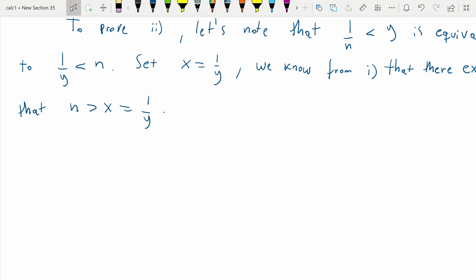So we'll see in the next video. The point here is that we can find an n such that 1 over n is smaller than any given positive number. No matter how small that number y may be, you can find an n so big that 1 over n is going to be smaller than y. It's going to be greater than 0, of course, but smaller than y.